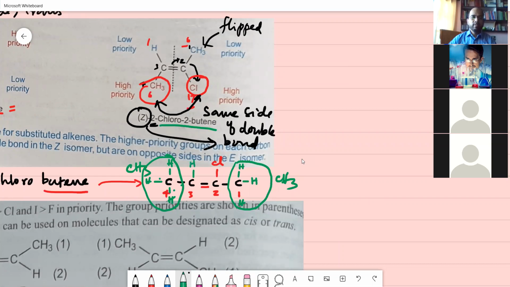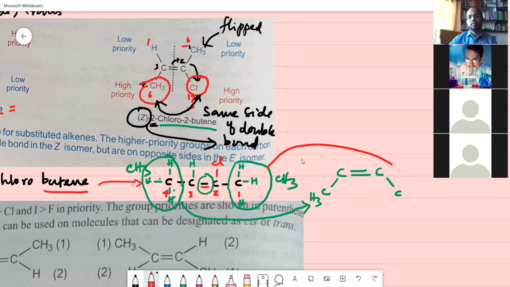Now our main priority will be writing a double bond like this, C and C. So I write this CH3 here and this CH3 here. This chlorine atom, I'm just writing the attachment here.